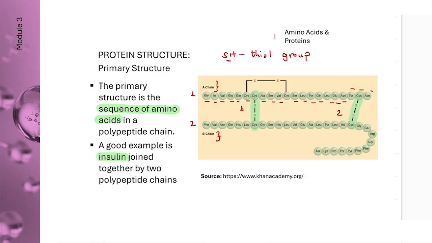You remember the insulin protein is the hormone that is responsible for the absorption of sugar into the cells. So that hormone, which is a protein, is a very good example of the primary structure of proteins.